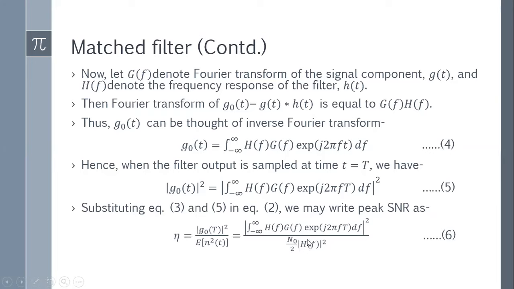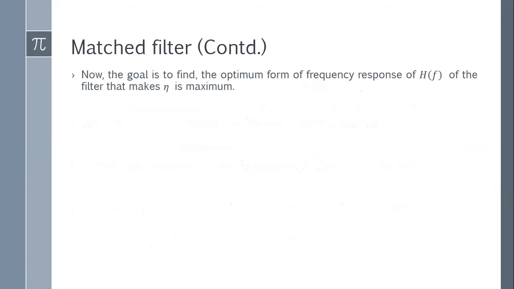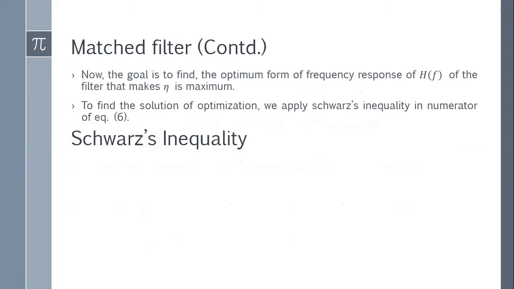So we have to find H(f) such that it maximizes this value eta. Let us find it. I will use the Schwarz inequality to find the response H(f). Please look, this is the very important portion of the derivation. Without this you cannot find H(f).